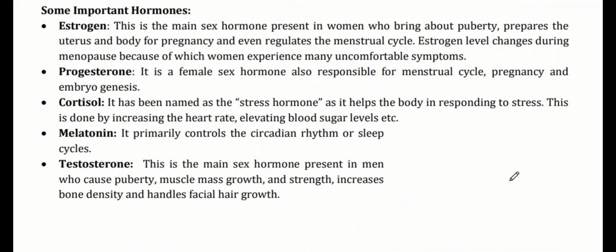Some important hormones are also very important to know. Now let's see on the screen. Estrogen. This is the main sex hormone. Estrogen is the sex hormone present in women that brings about puberty, prepares the uterus and body for pregnancy, and even regulates the menstrual cycle.